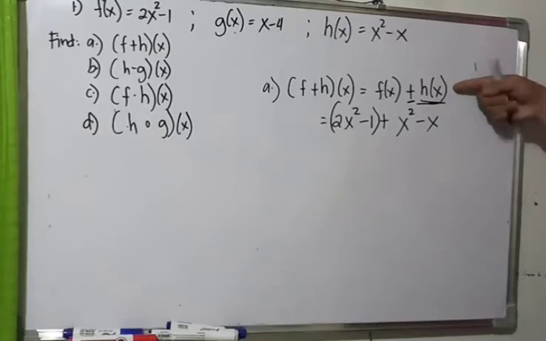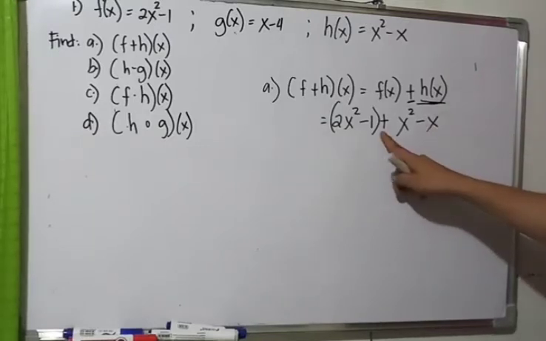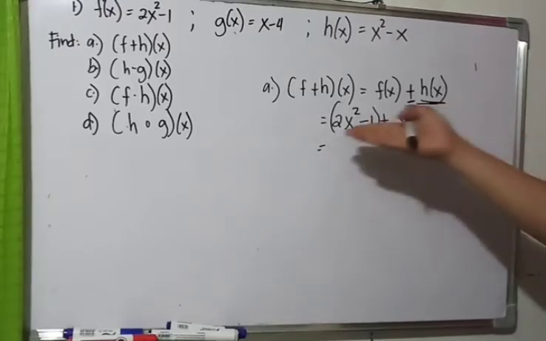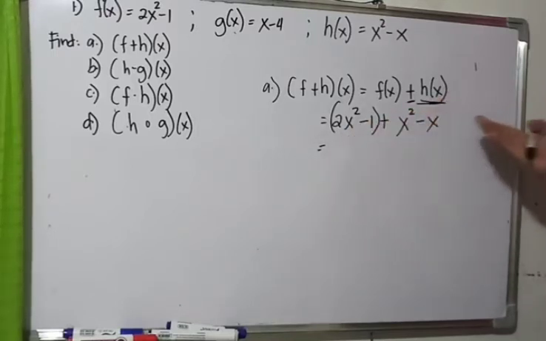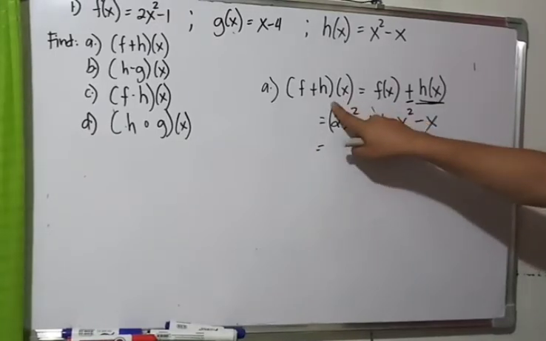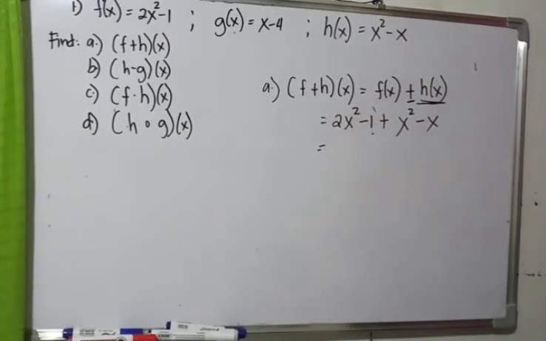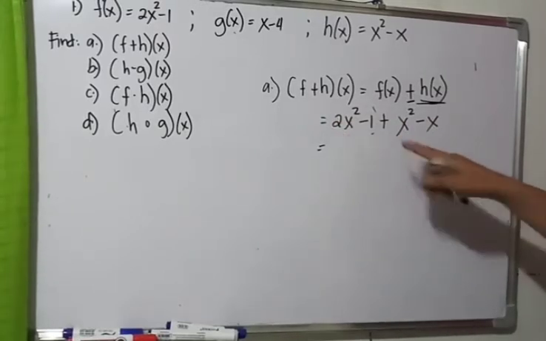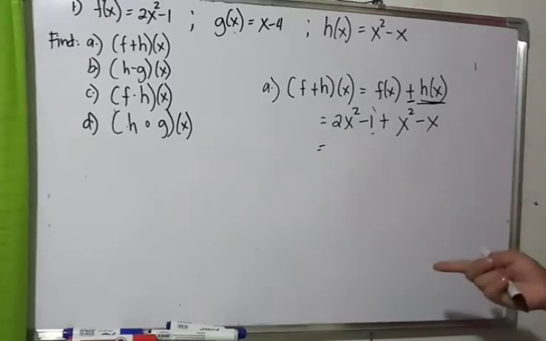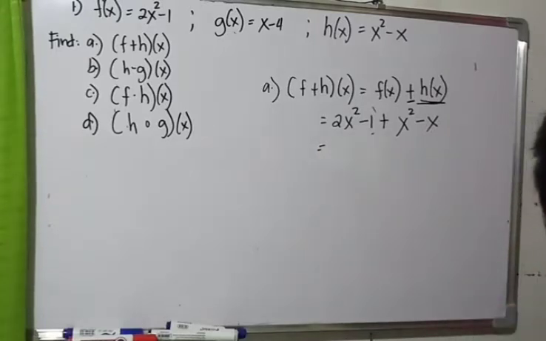Next, i-add natin kasi ito yung sum. So how to add this given? Ito na yung equation natin. Pag i-add natin, tanggalin muna natin yung parentheses. So pag i-add natin, make sure add only the like terms. Ano ba yung like terms natin dyan?